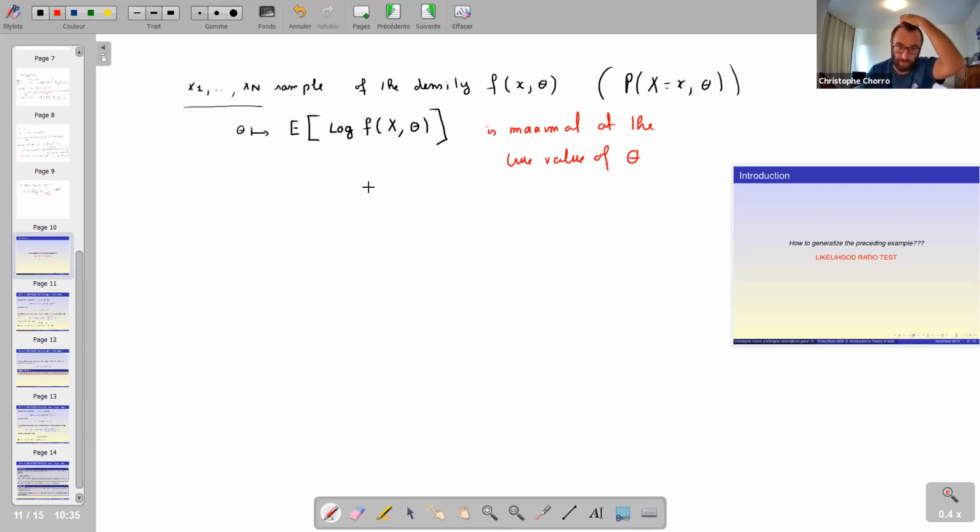So if I want to maximize this quantity, the maximum will be reached for the true value of the parameter, even if I don't know it.